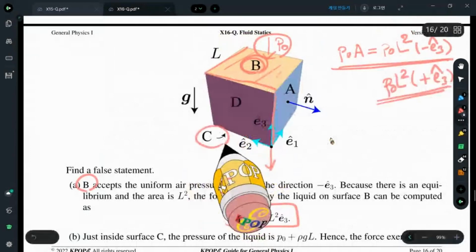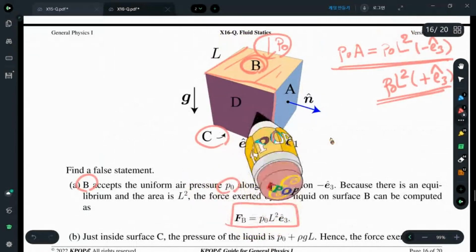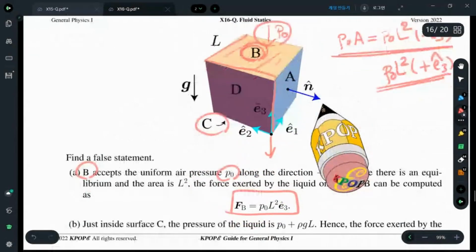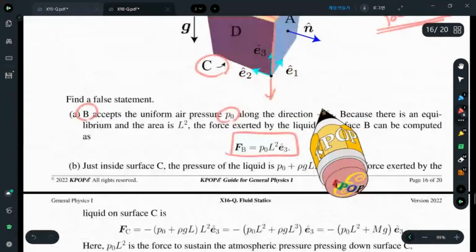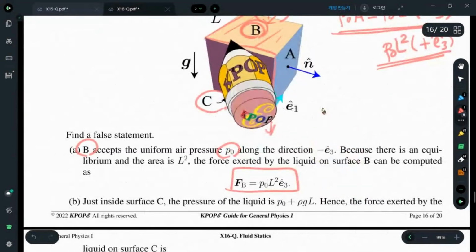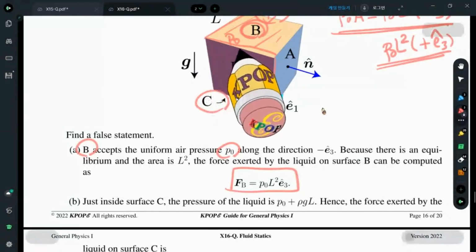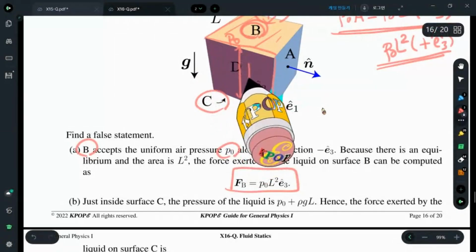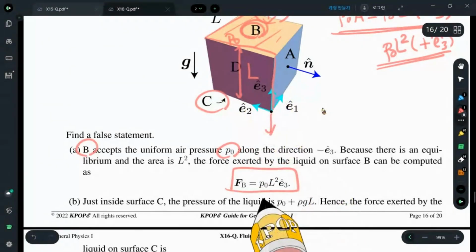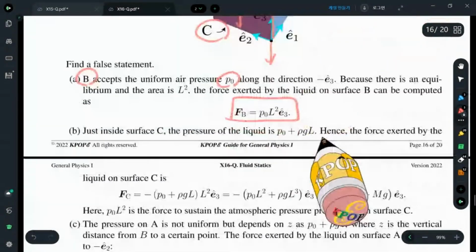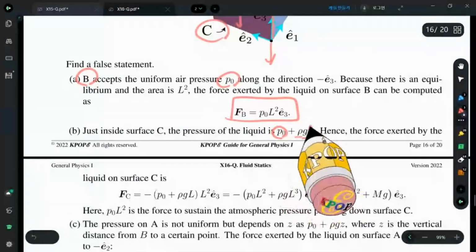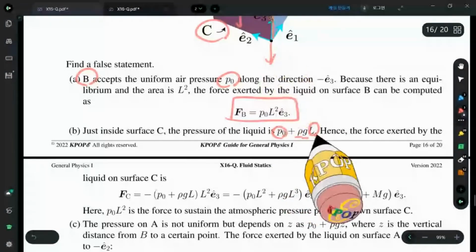Next, we consider surface C, just the bottom surface. Then the liquid here, its pressure is P0, but the depth is L. So we have P0 plus rho G depth. Depth is this.